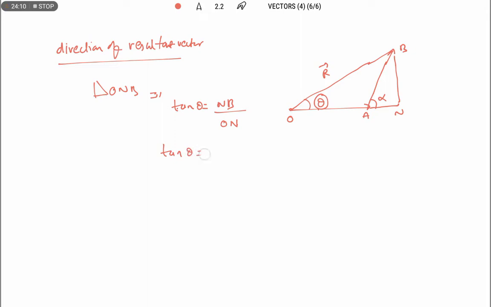Therefore tan theta is equals to NB. What is NB? Q sin theta, by ON, we can write OA plus AN. Therefore Q sin theta by P plus Q cos alpha.